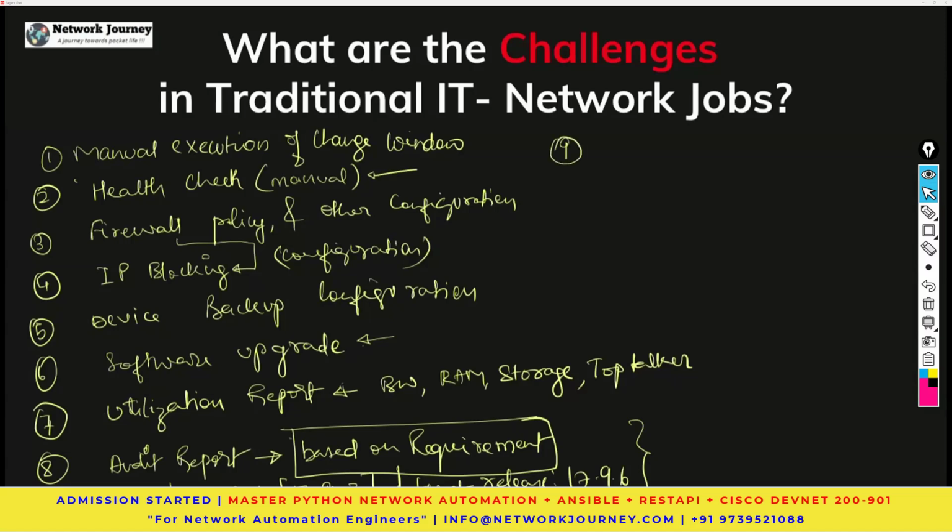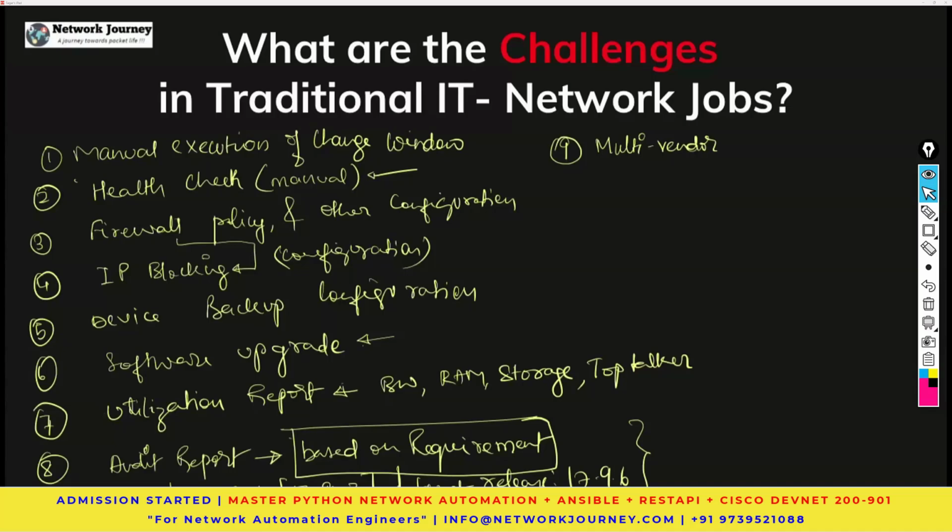Similarly, you can also think about multi-vendor requirements. Multi-vendor requirement in the sense that normally in a change window we upgrade one set of devices. Let's say if it is a Cisco device, we upgrade only Cisco devices, or if we have to configure a few things only on Cisco, we do it on the Cisco itself.